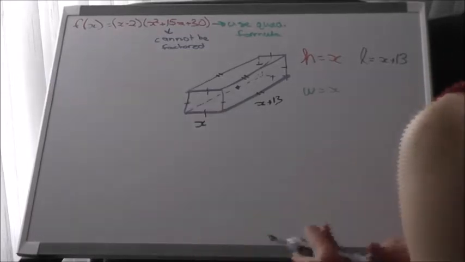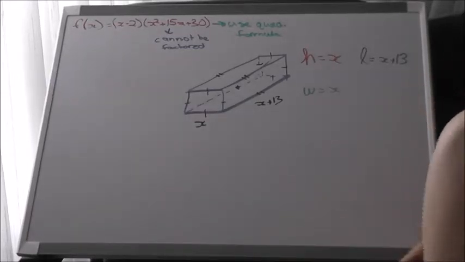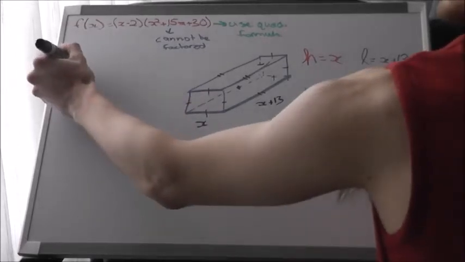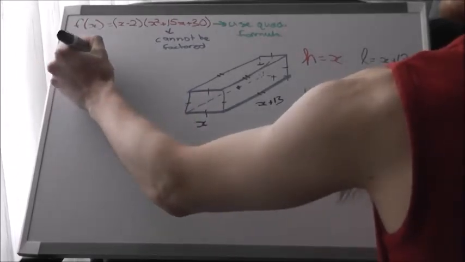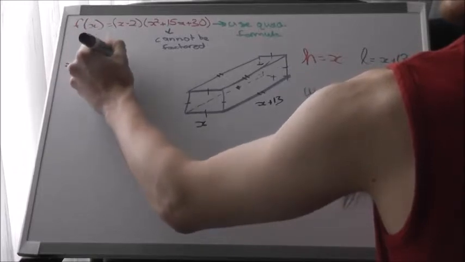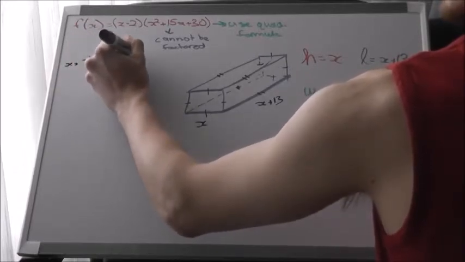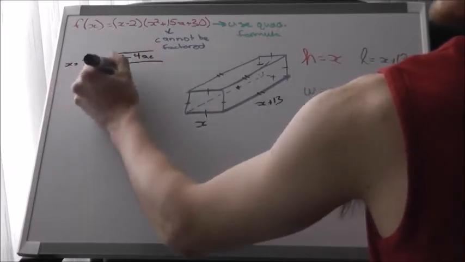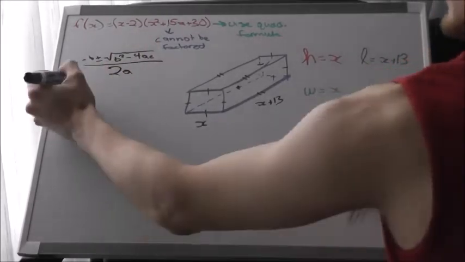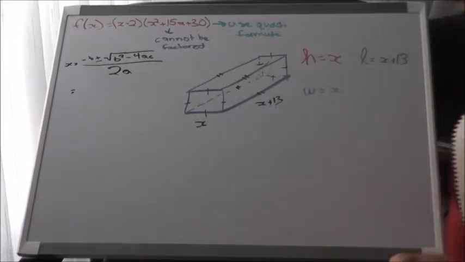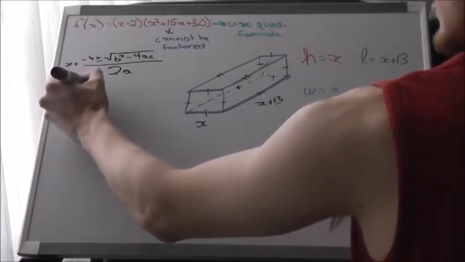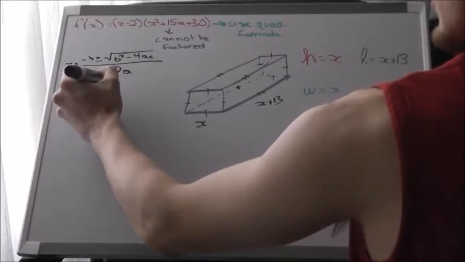So we know that the quadratic formula is x equals negative b plus or minus the square root of b squared minus 4ac, all over 2a. Now, from that equation, we are going to fill in the coefficients for our variables.